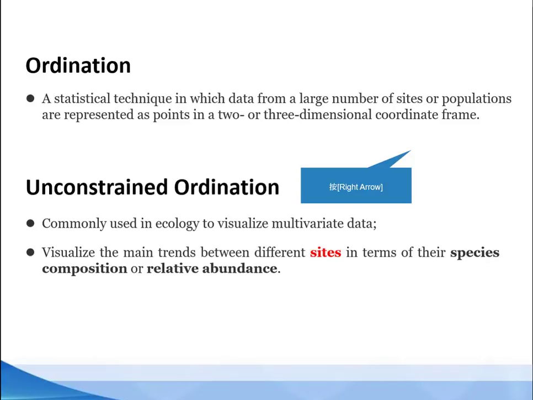The constrained ordination explicitly includes 2 or more different sets of ecological information into a single analysis and directly examines relationships between sets of variables. That is, except for species composition, it also includes the matrix of environmental factors. But in my webinar, I will focus on the comparison of the unconstrained ordination methods.